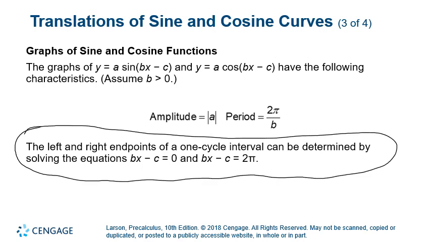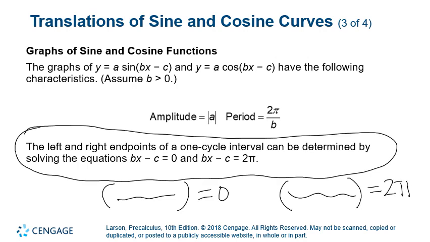So basically what they're saying is if you take that stuff in the parentheses, whatever that is, and set it equal to 0, and take that stuff that's in the parentheses and set that equal to 2 pi, you're going to get the x-coordinate, okay, just the x-coordinate of your new starting point and ending point with the translation.